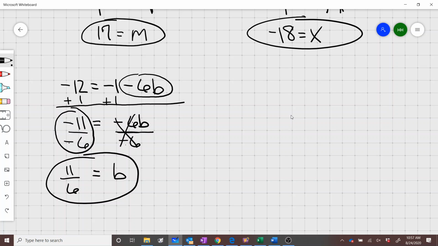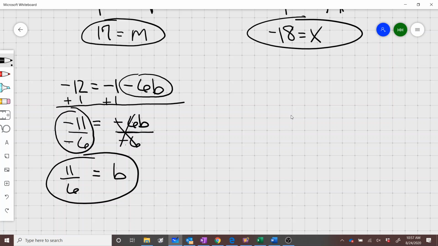If you take a calculator out and divide, does 6 go into 11 evenly? No. If you take 11 and divide it by 6, you get 1.83. It keeps going on. So just leave it as 11/6. That's an exact answer. Now, for example, if it was 12/6, you would simplify it, right? And make it 2.